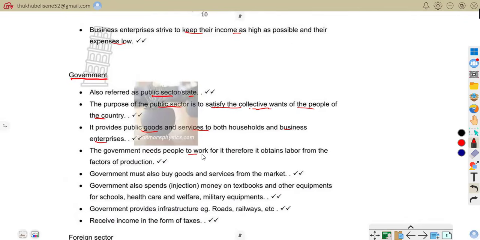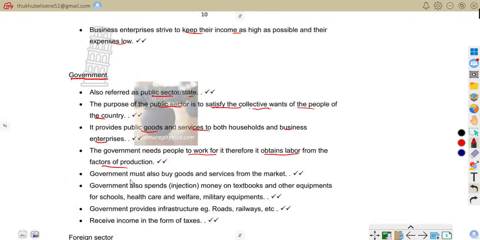The government needs people to work for it, therefore it obtains labor from factors of production. So it simply says government hires workers to provide services. So we can talk of employing police officers as well as teachers.